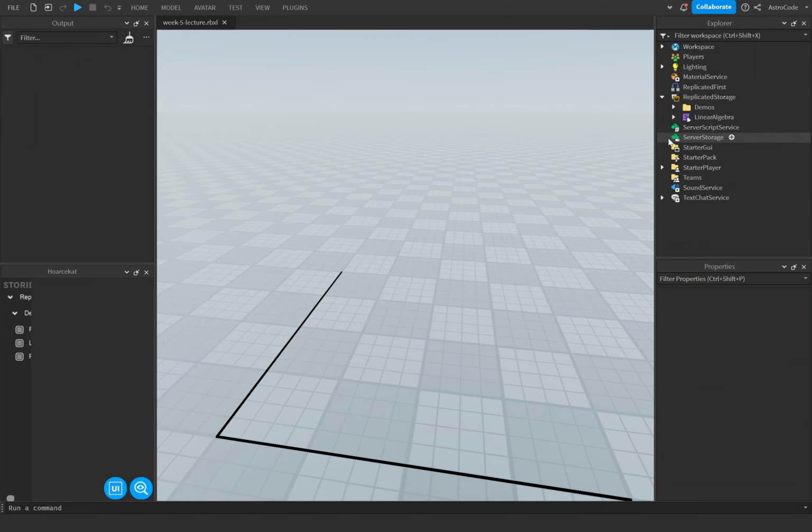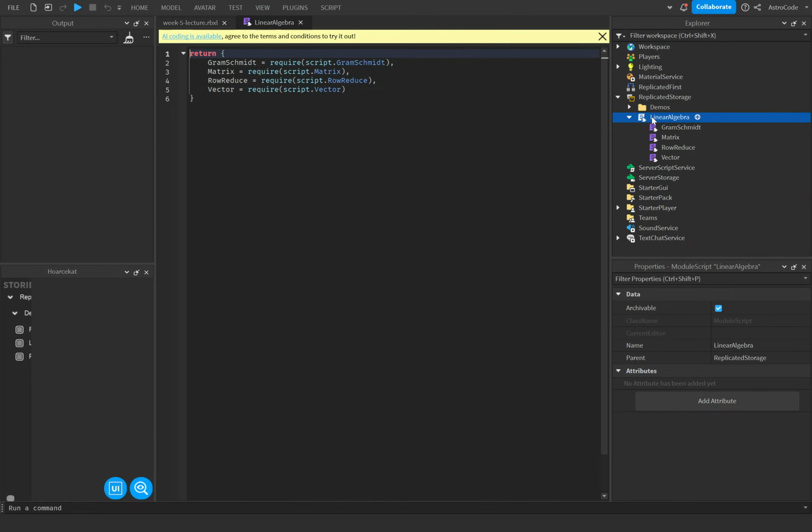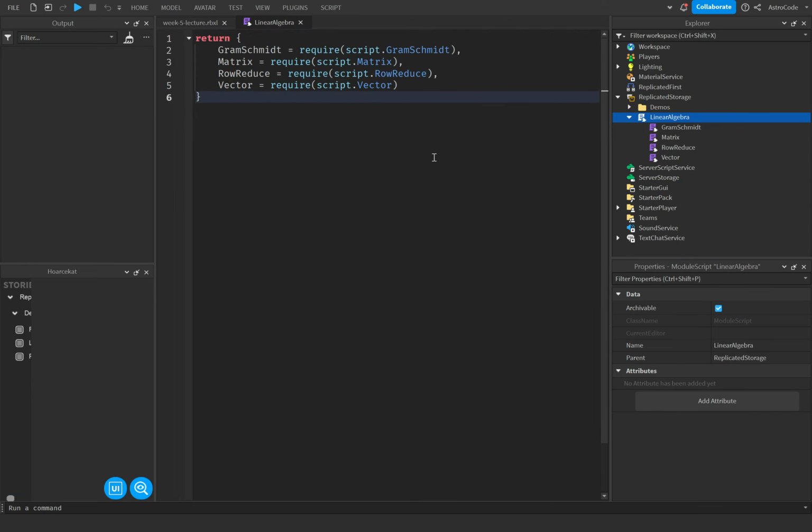Okay, so let's get into the code. What you'll notice new this week is that I've created this linear algebra module. The only point of this module is to require the ones inside of it. We are starting to build up this code base, creating our own library.